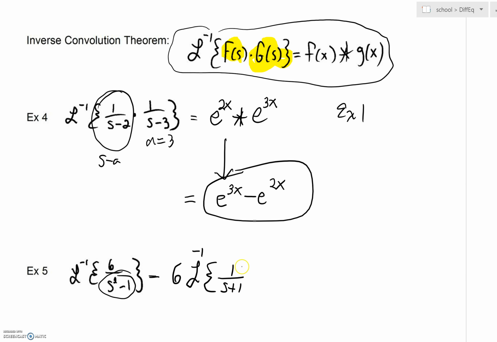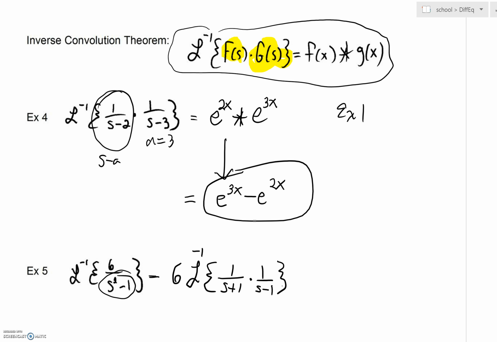And s squared minus 1, you could quickly see, factors. It's a difference of squares, and it would factor to s plus 1 times s minus 1. Well, we could separate that.